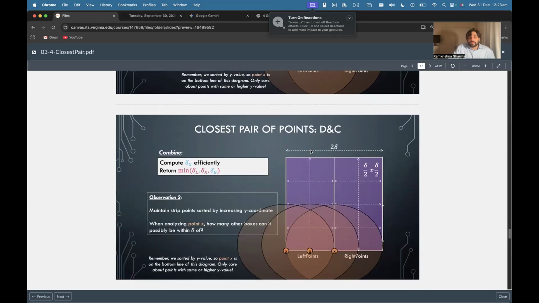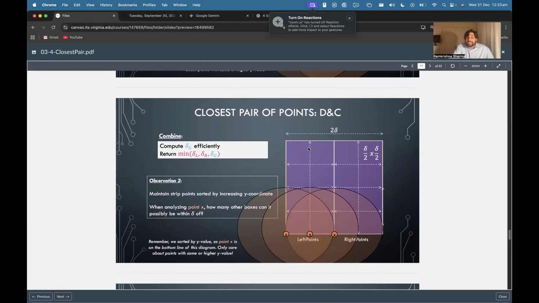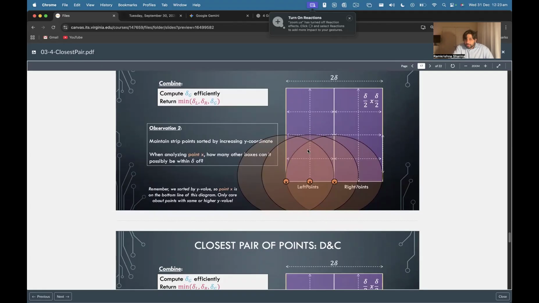So that ends up being really important because that is now linear, right? So you sorted by y value, and if a point x is at the bottom line of this diagram, you only care about points that are the same or higher y value. So you're kind of making this check going above. And that's really helpful.